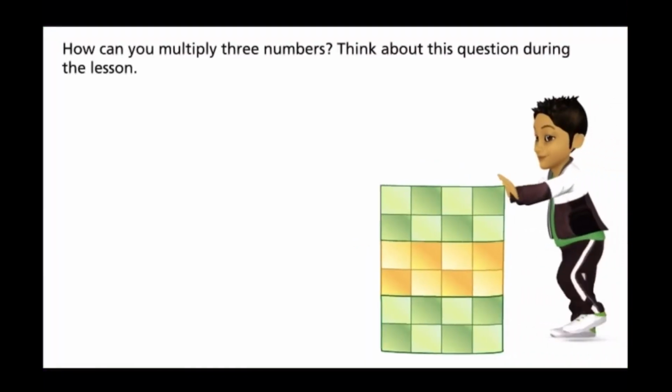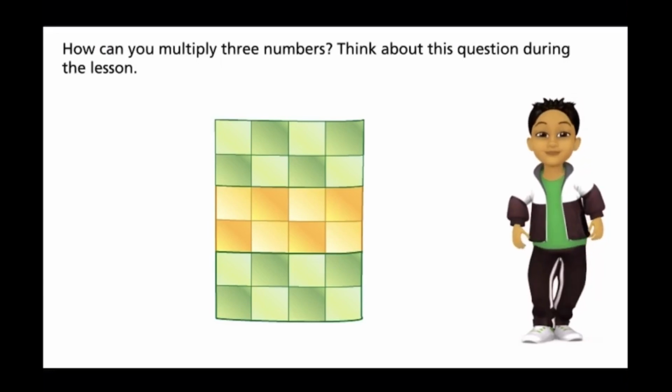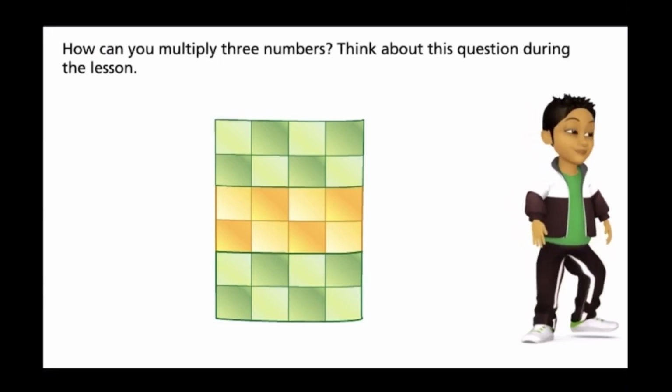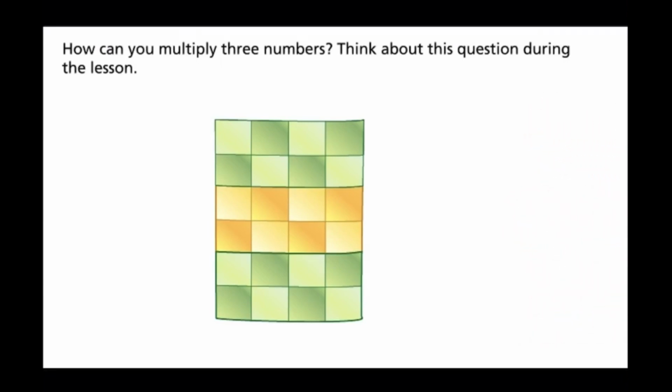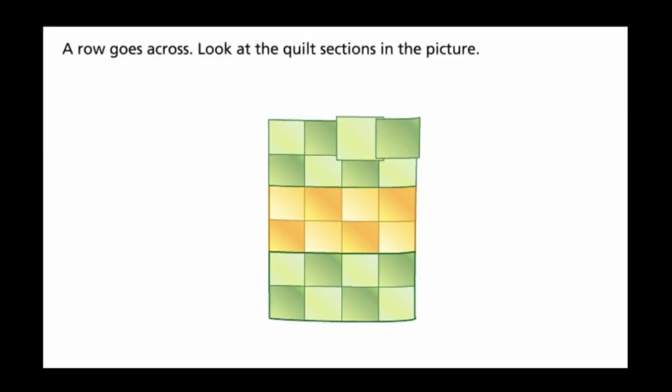How can you multiply three numbers? Think about this question during the lesson. What does a row mean? In which direction does a row go? A row goes across. Look at the quilt sections in the picture.